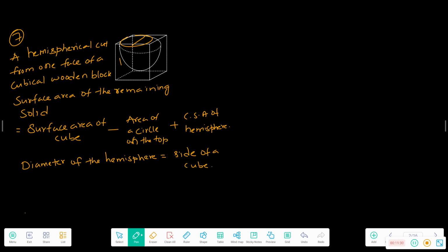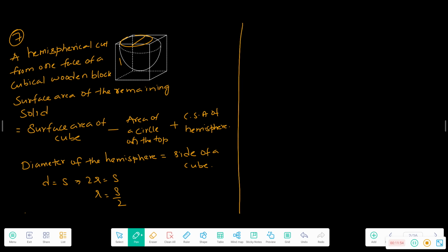That is D equals S, that implies 2R is equal to S. So R is equal to S by 2. Simply we can take it as R is equal to S by 2. So when we understand the concepts clearly, then the way of solving the problem will be quite easy.